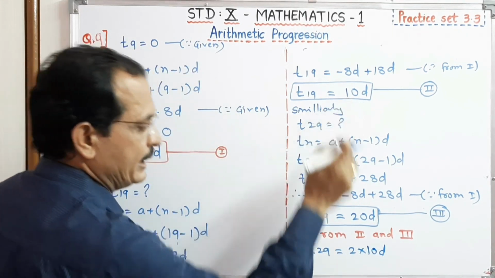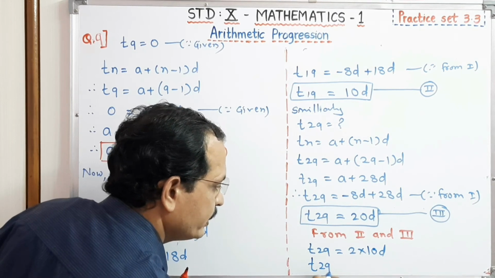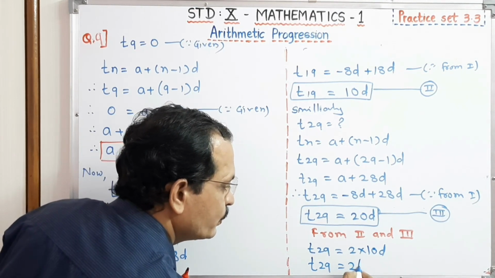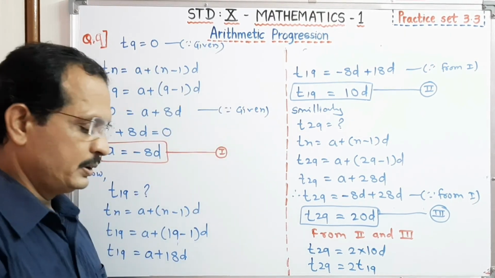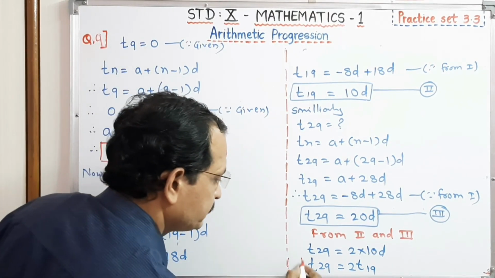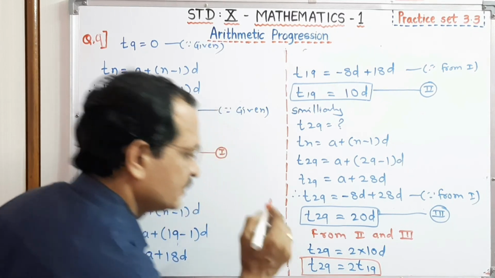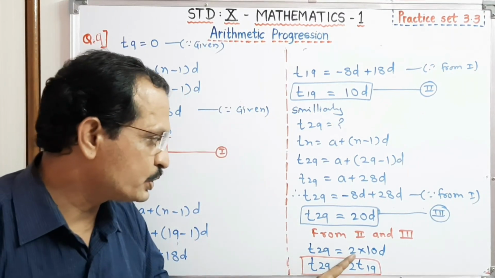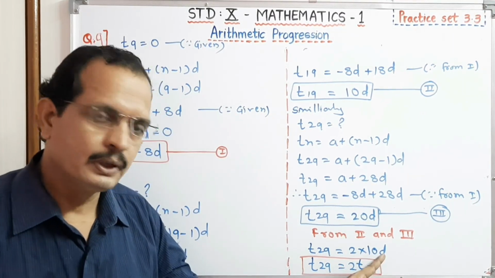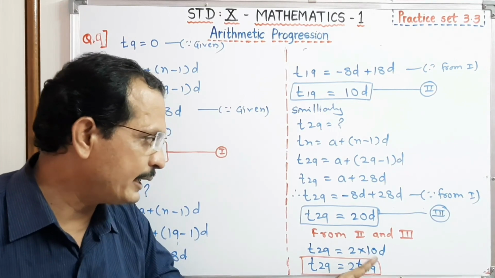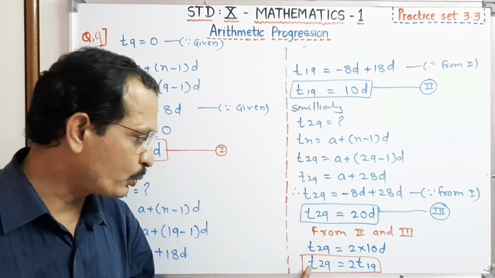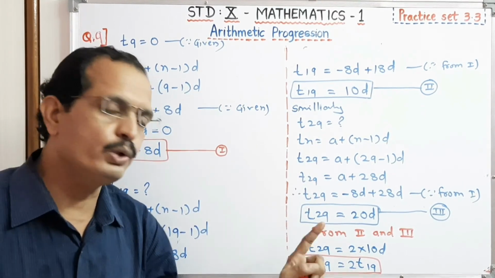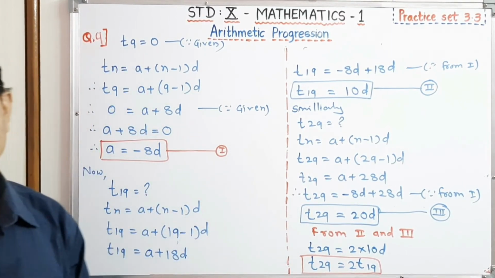Now what is 10D? 10D means T19. Therefore we write T29 is equal to 2 into T19.